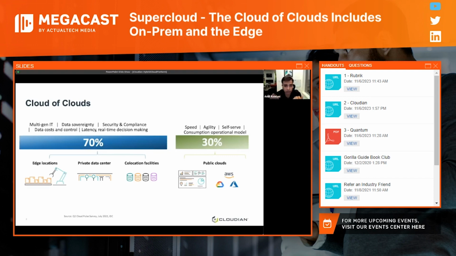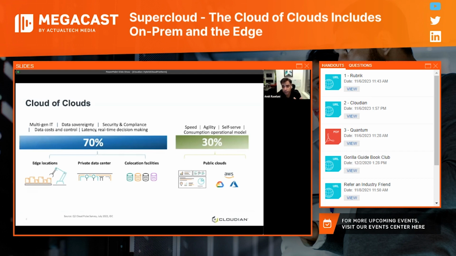The public clouds are great when it comes to speed, agility, self-service nature, and the consumption and operation model that they offer. People are really looking for the ease of use and also the speed and agility of how you can bring these things up. But when you talk about all of the cloud, you have to factor that your IT infrastructure is built over a generation of time. Multi-generation IT has to be taken into account.